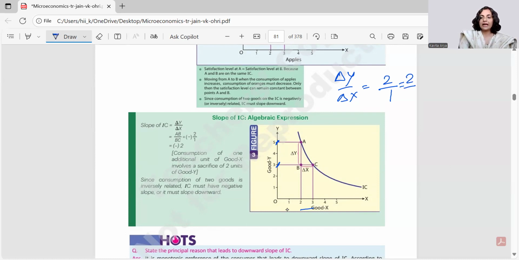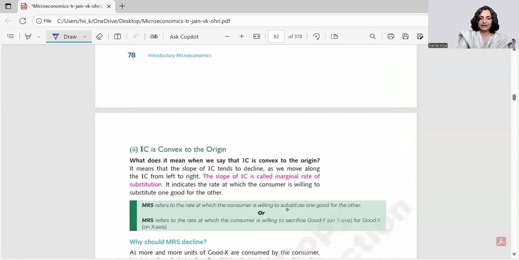Okay. And why is it 2? No, we would say minus 2. Why minus 2? Because as given in the previous session also, that minus only is the symbolic of the inverse relationship or loss for a gain, right? The same concept you would have in demand analysis as well.